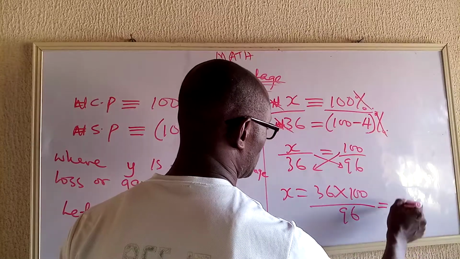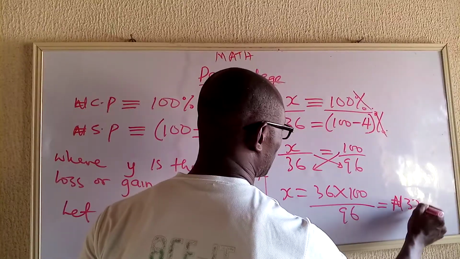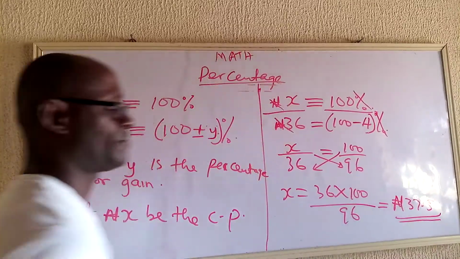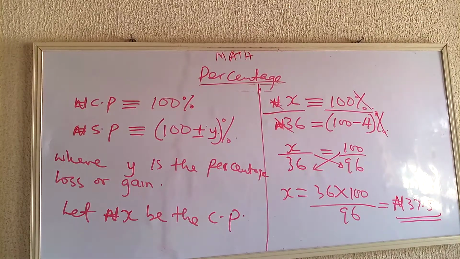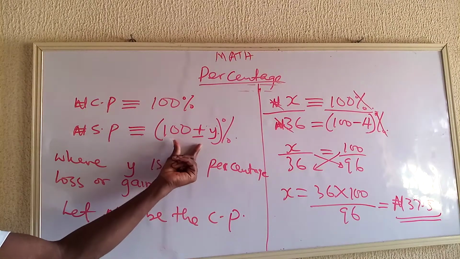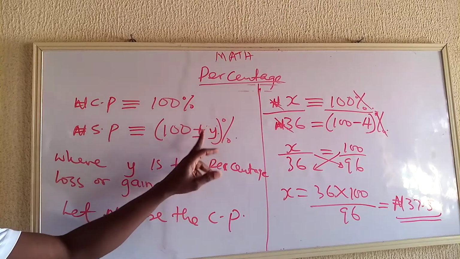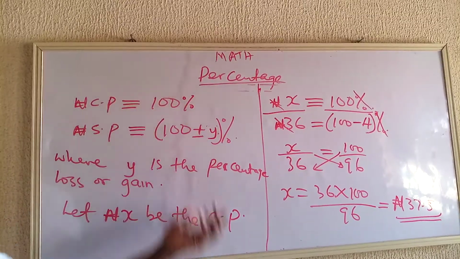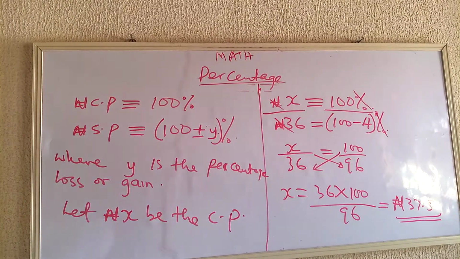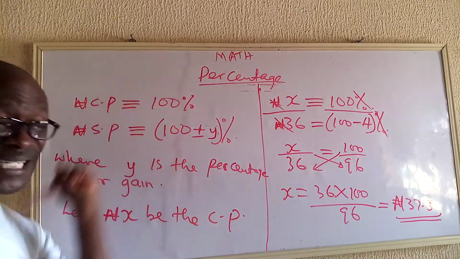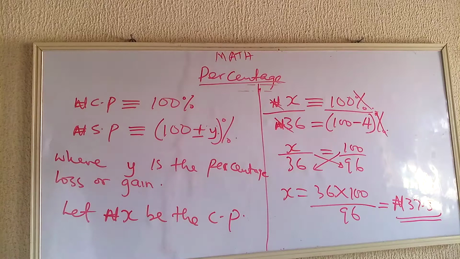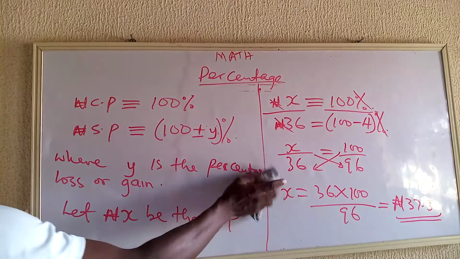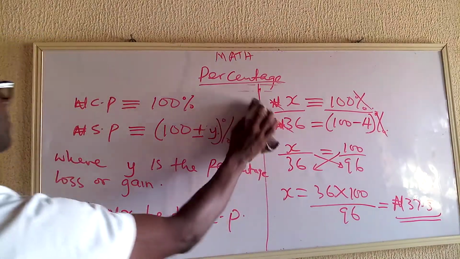And that will give you 37.5 naira. Check. So once you can remember what plus stands for, what negative stands for, then you won't make a mistake. So in the next example, I'm going to use this method, while you can use the general method to find it out. So next example.